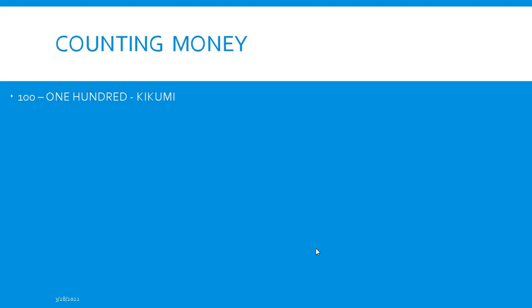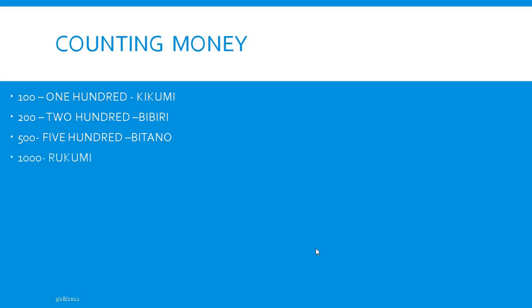In Ugandan shillings we have 100, that is chikumi. We have 200, vividi. We have 500, bitano. We have 1,000, rukumi. We have 2000, enkumi ibiri.